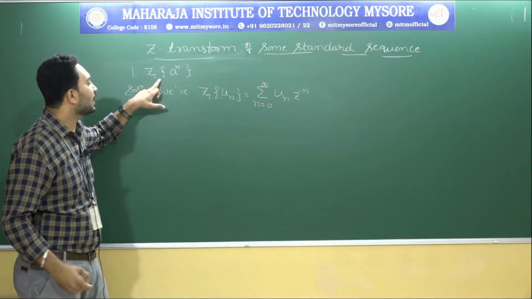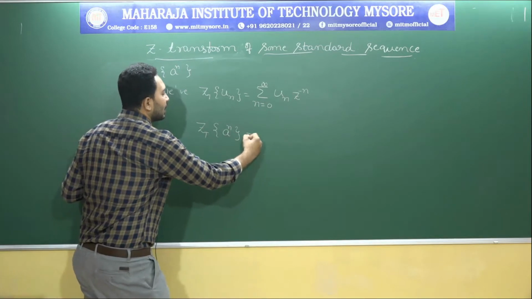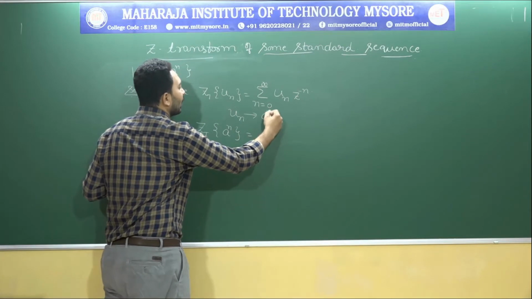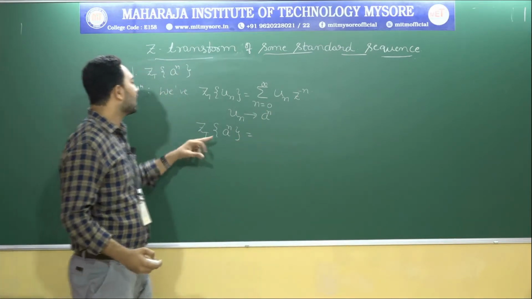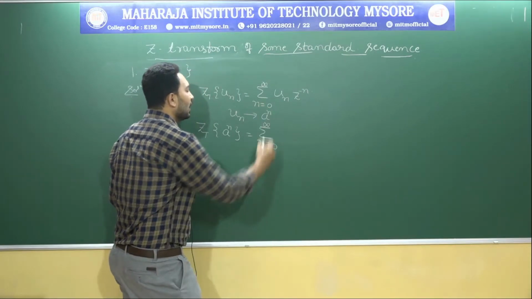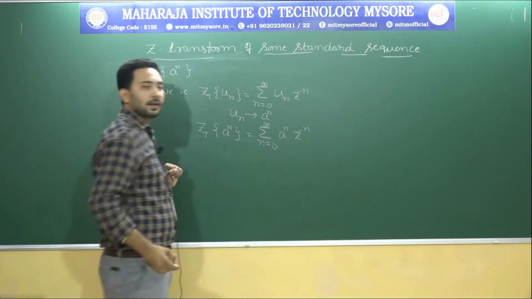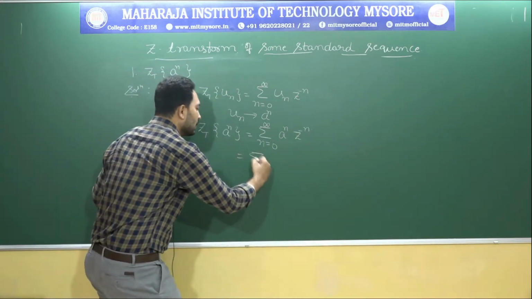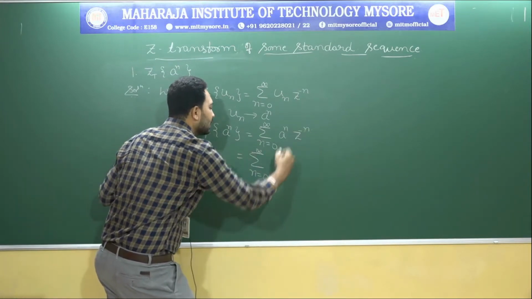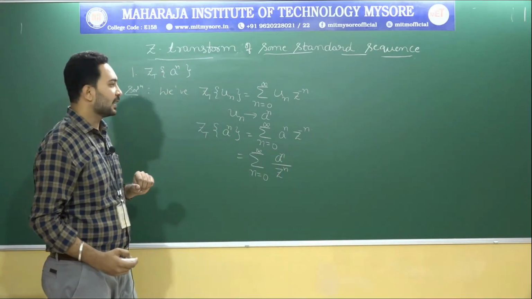Here I need to find the Z transformation of a power n, so replace u_n by a power n. So we get summation n equals 0 to infinity, in the place of u_n write a power n z power minus n. If I take z power minus n to the denominator, we will get a power n by z power n.